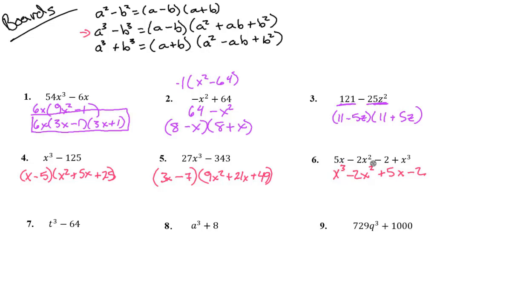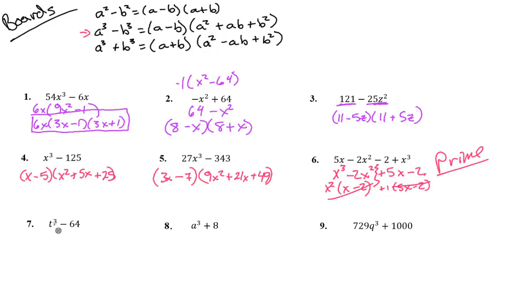There's not a common factor. This is back to grouping, I guess. Taking x squared out here, and we're left with x minus 2. And the rest, can't take anything out. So we've just got plus 1 times 5x minus 2. And those are not the same. This guy is prime. They threw in a prime one. What was up with that? All right, let's keep going on with what we've got here.